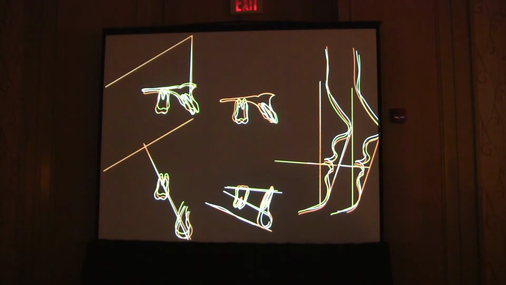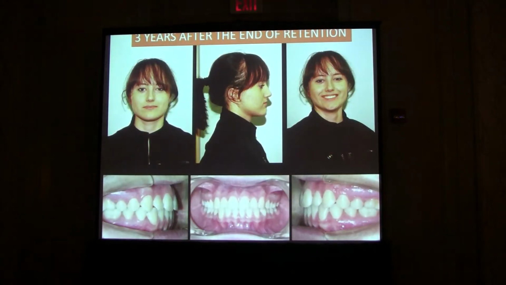Notice that thanks to the unlocking, the upper incisor has been pulled backward less, and it's a good thing. And here is Lauren at the age of 16, 3 years after the end of the retention.